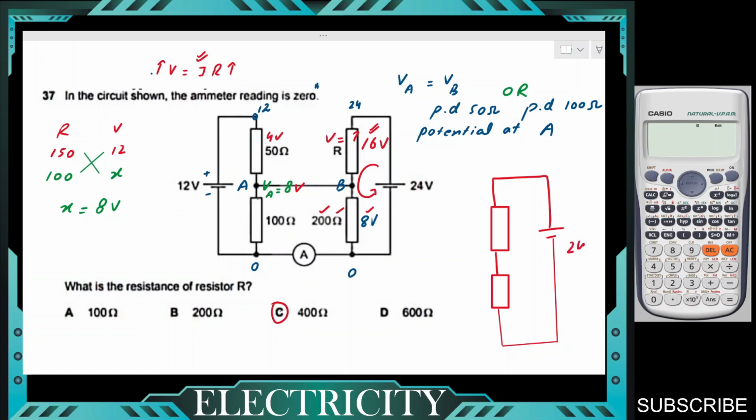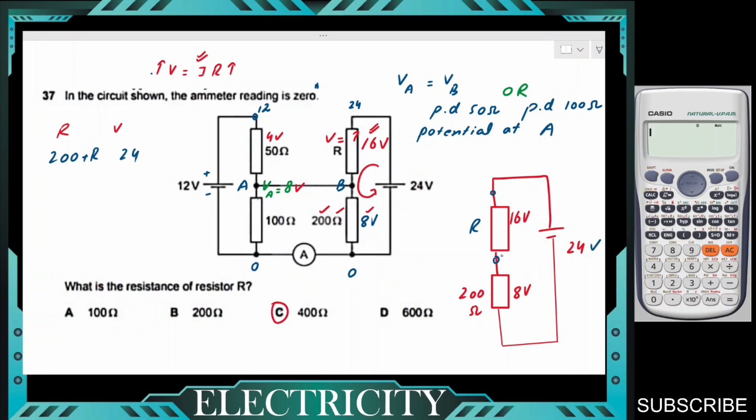Okay, so 24 volts over here, and we know this one has to be 8 volts, and we have 16 volts over here. This one is 200 ohms, and the other one needs to be found out. For the total resistance, the total would be 200 plus R, and for the total resistance you're getting 24 volts.